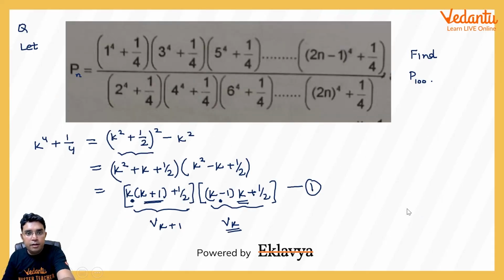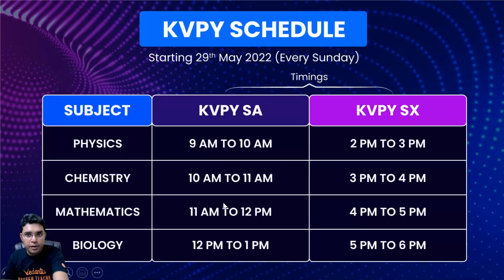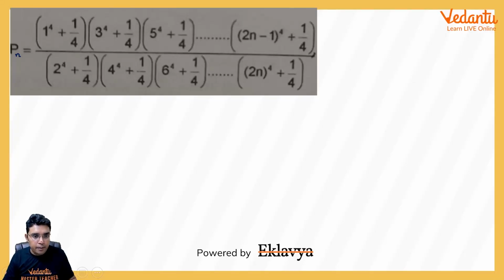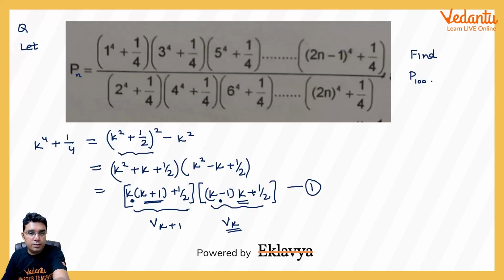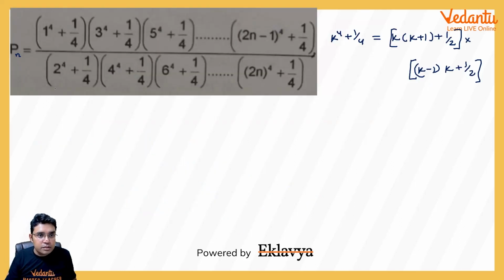We did the factorization of this k^4 + 1/4 as this. Let me write it here: k^4 + 1/4 we wrote as k(k+1) + 1/2 as one bracket, multiplied with (k-1)k + 1/2 in the second bracket. Let us check. So what will this Pn be?